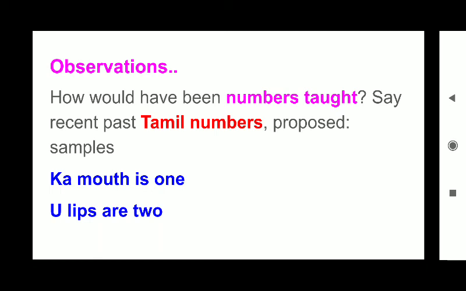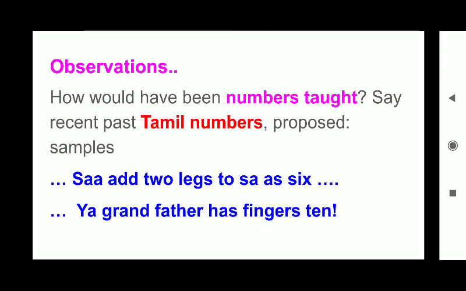And we also propose lessons, as we don't know how Tamil number scripts were taught, so an attempt is made here. For example, ka, mouth, is 1; yu, lips, are 2; sa, add 2 legs to sa as 6; and like that, ya, grandfather has fingers, 10.